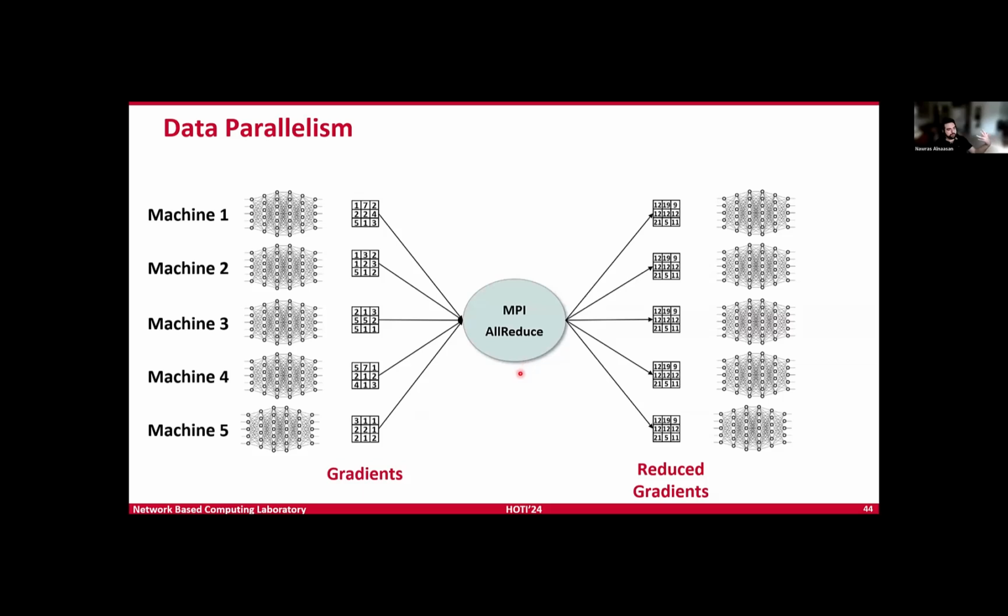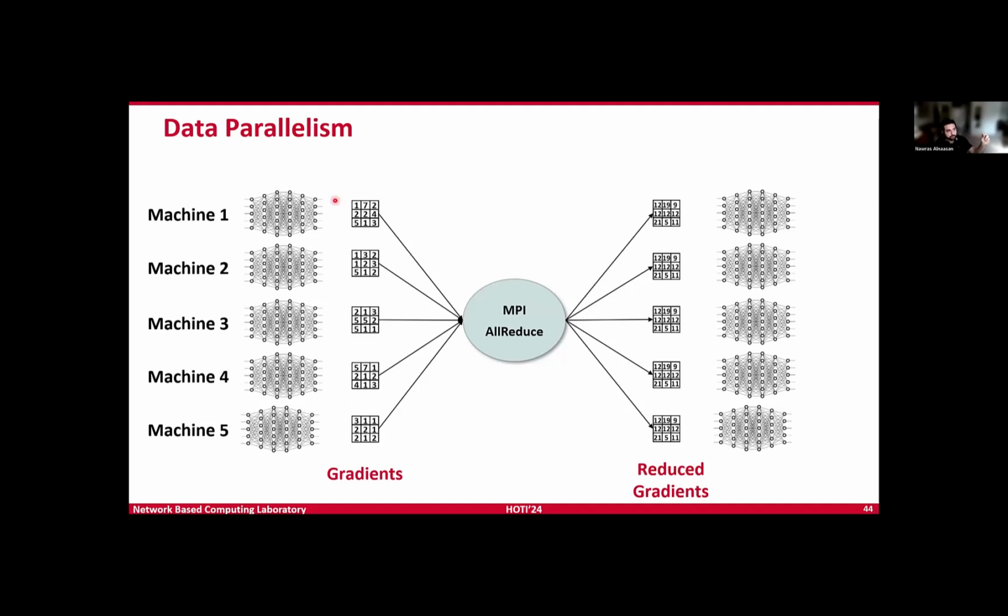To do that, we use the MPI all-reduce operation. We're going to talk about all-reduce more in the upcoming sections. But on a high level, the job of all-reduce is to take the gradients, right? We said that the gradients are the values that tell us in which direction we should update the weights and how much we should update them.